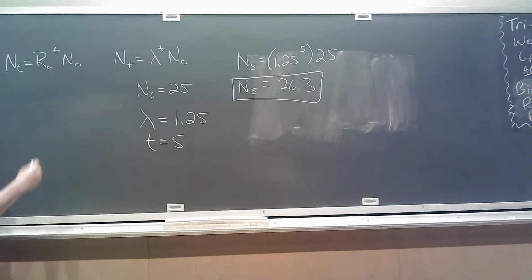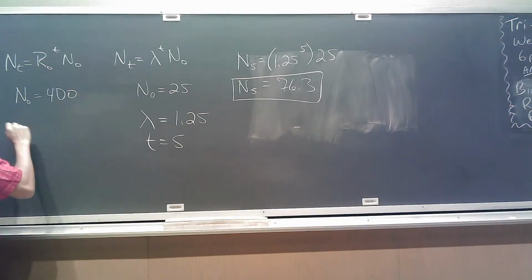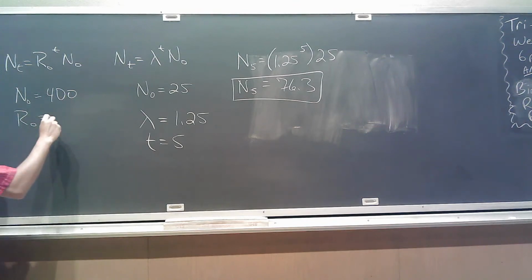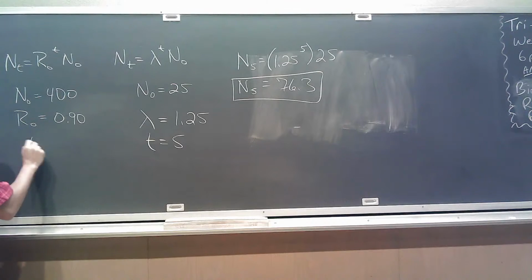We start with 400 antelope. I give you R naught, our net reproductive rate, of 0.90. And then I ask you, what is our population size in 10 years?